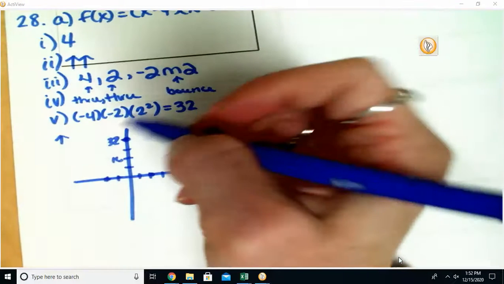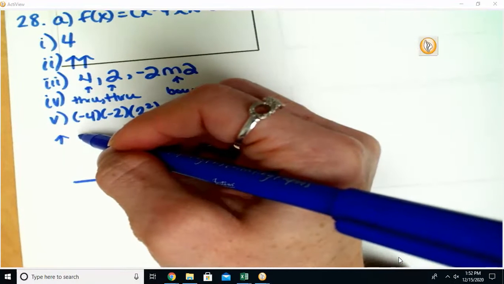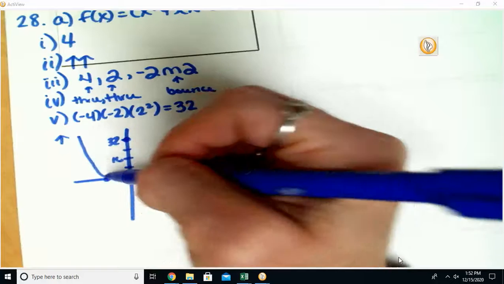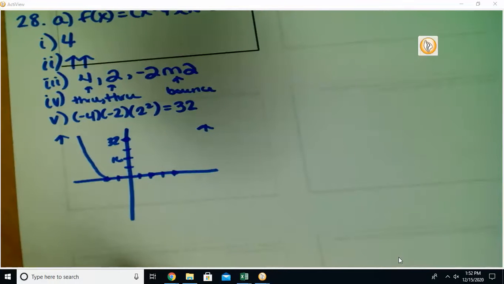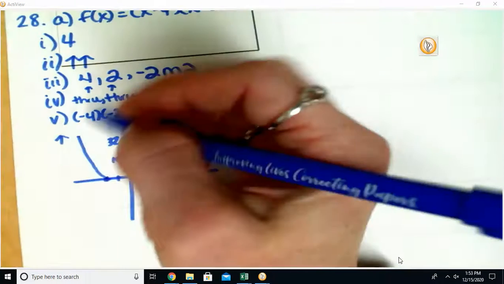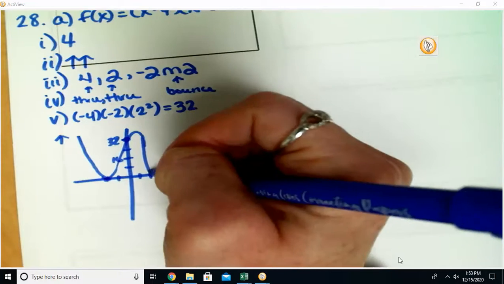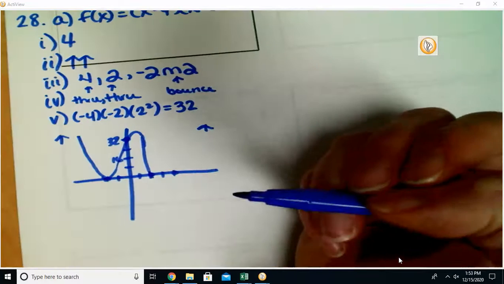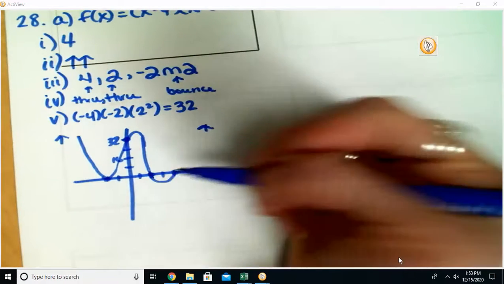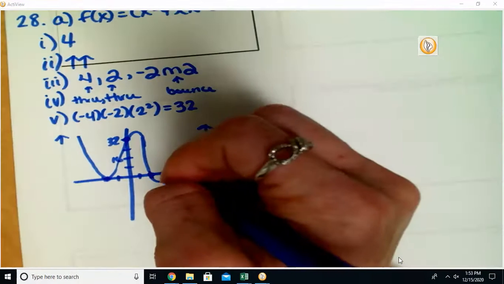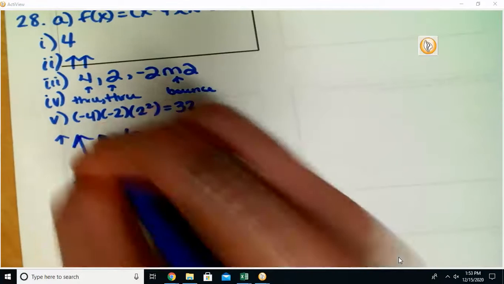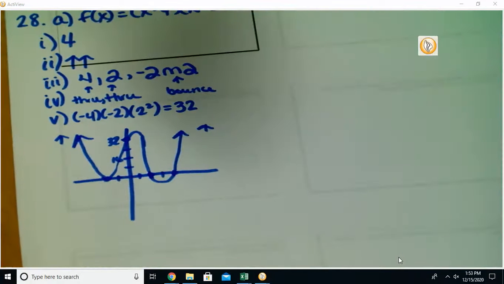Okay, so my graph has to start up here. I hit my negative 2, and then what does the graph do at negative 2? Bounces. So it's going to come back up and hit my 32. Got to come down and hit my 2, and at 2 my graph goes through. Got to come back and hit my 4, and my graph goes through. So it looks like this, and my end behavior matches.